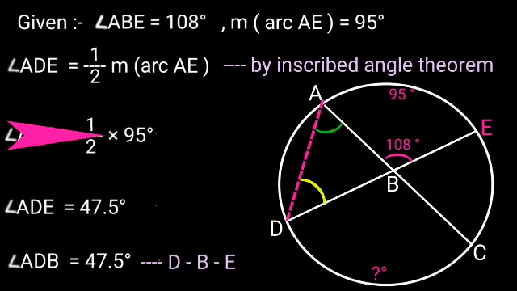Angle ADE is equal to 1/2 into 95, that is 95 upon 2, that is angle ADE is equal to 47.5 degrees. We read this angle as angle ADB, because B is between points D and E. Hence angle ADB is equal to 47.5 degrees.